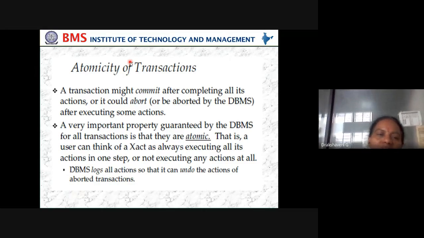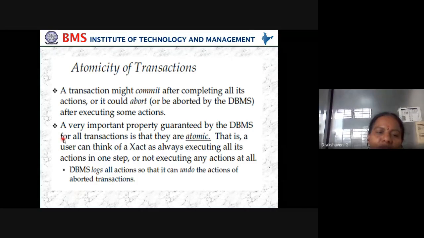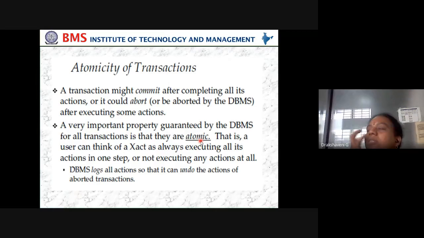What is this atomicity? A transaction might commit after completing all its actions, or it could be aborted by the DBMS after executing some actions. A very important property guaranteed by the DBMS for all transactions is atomicity.